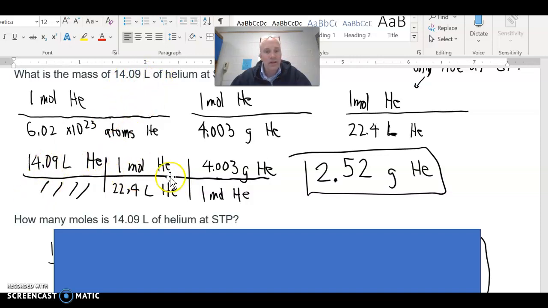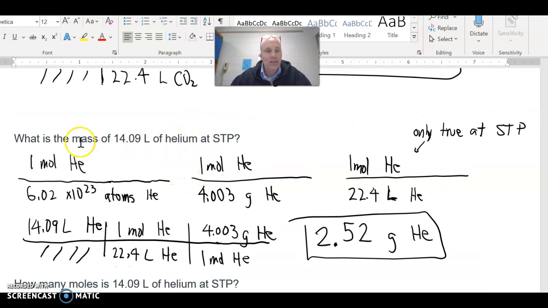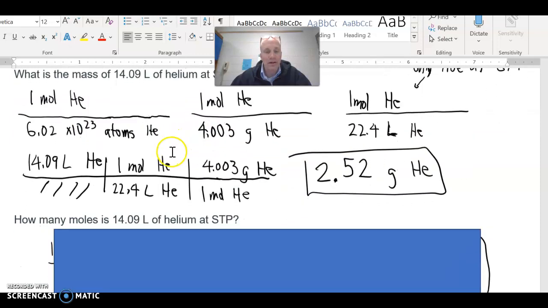We're going to start right there. And this question asks us to get to a mass. And so that's going to be a two-step process. You can see that here. Taking a look at the number of sig figs, this has 4, this has 4, this one has 3. So this answer should be rounded to 3 significant figures.